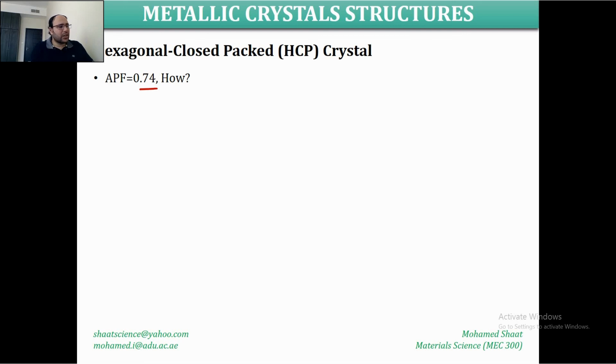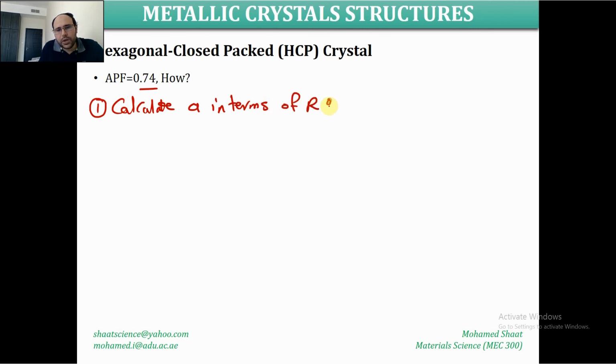So how can we calculate the atomic packing factor? We're going to stick to the same procedure. The first step, if you remember, is to calculate A, which is the side edge, in terms of R. But remember, here's something very important for the HCP crystal structure that is different from the cubic crystal structures.